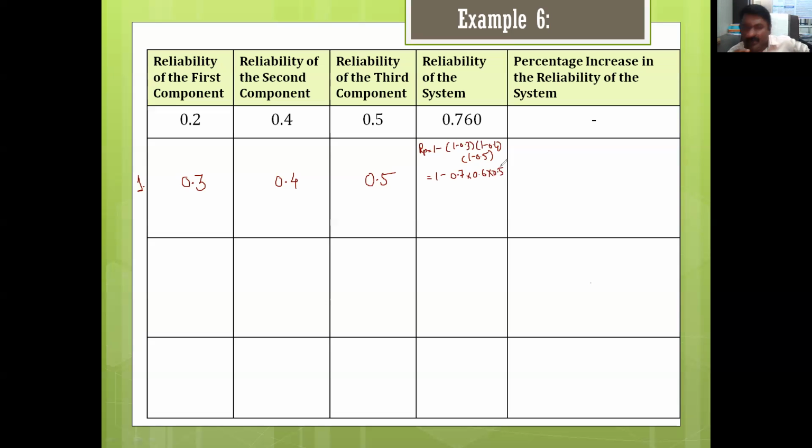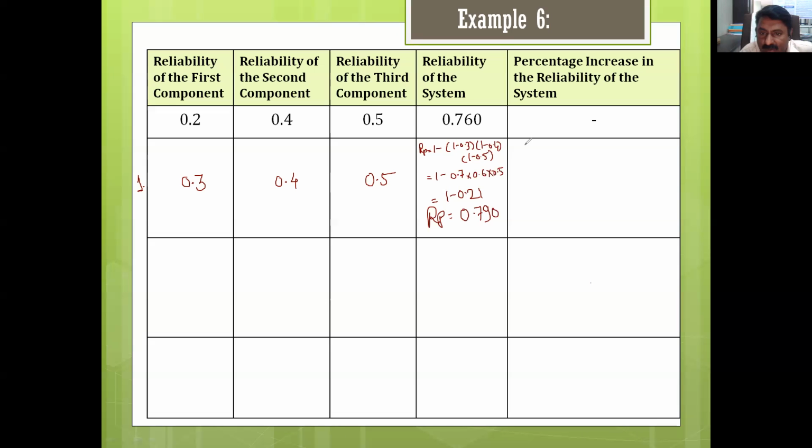This gives 0.21. 1 minus 0.21 you will get 0.79. So reliability of the system is equal to 0.790. Friends, this is not the right answer.